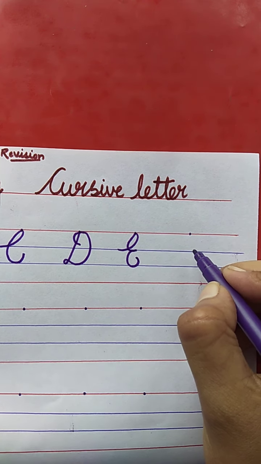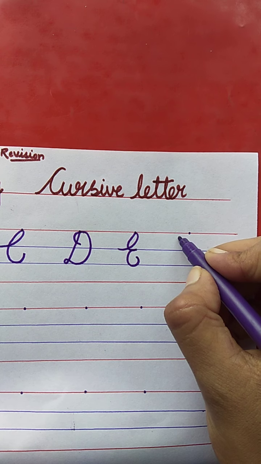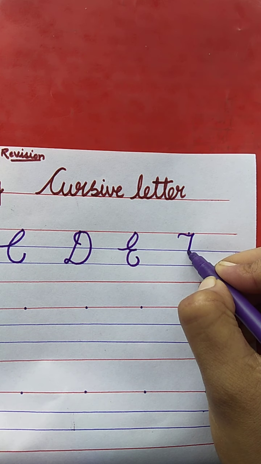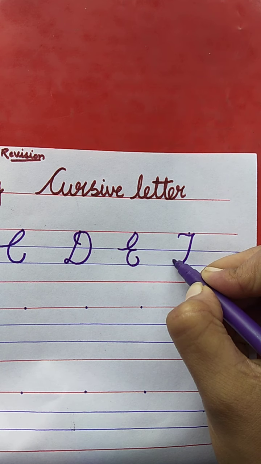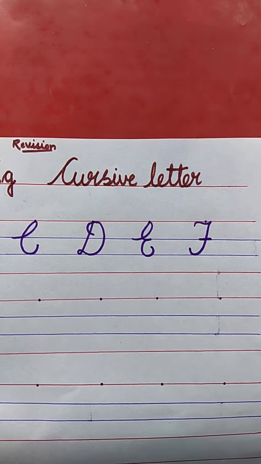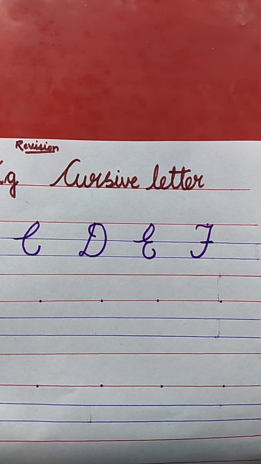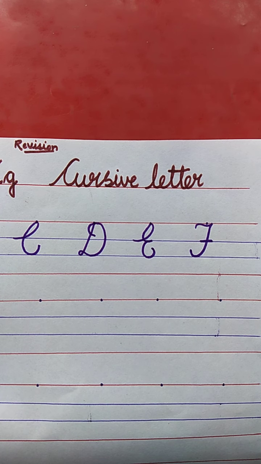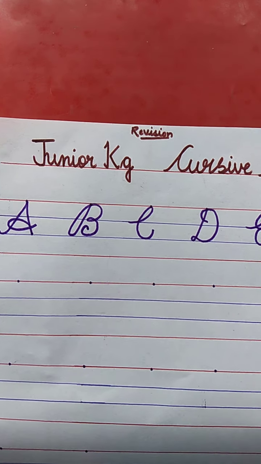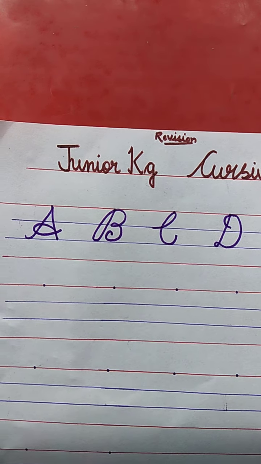Now the next letter is F. F for fish. Draw a curve, slanting line, one more curve, a sleeping line. F for fish. Speak with me. Fish. The spelling of fish is F-I-S-H. Fish.